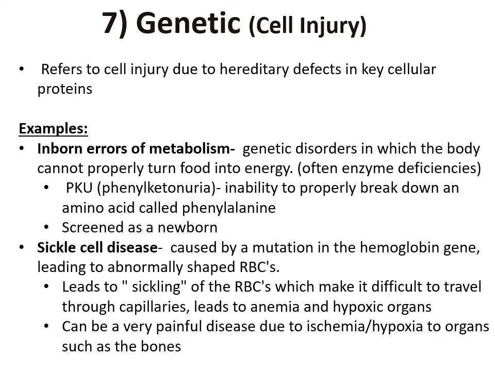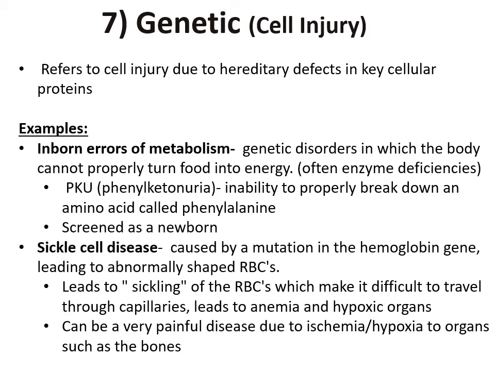Well, so one little gene is altered and now my red blood cells have a different shape. Well, that's inherited from your parents, and it's a huge problem if you have sickle cell disease, because your red blood cells don't have a normal shape, and they sickle.